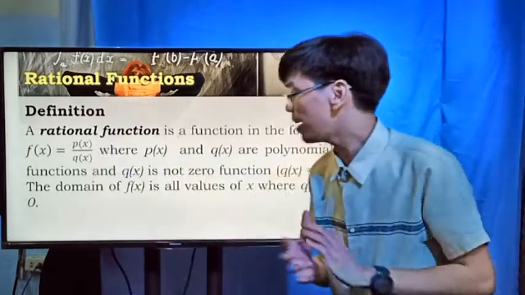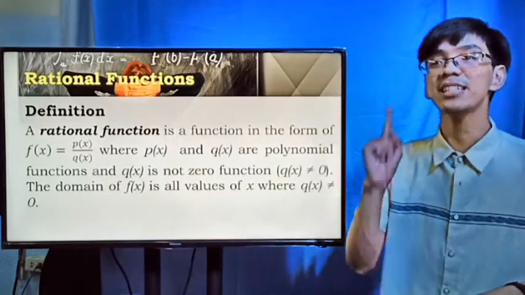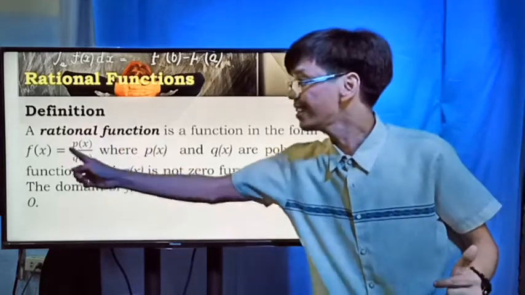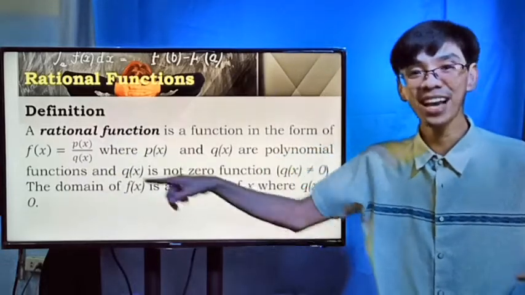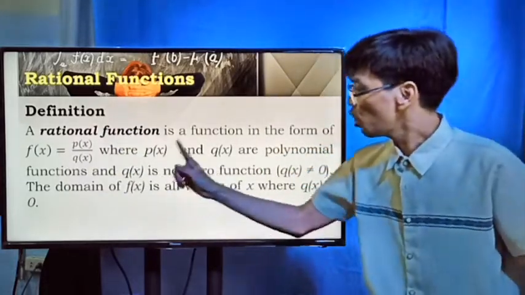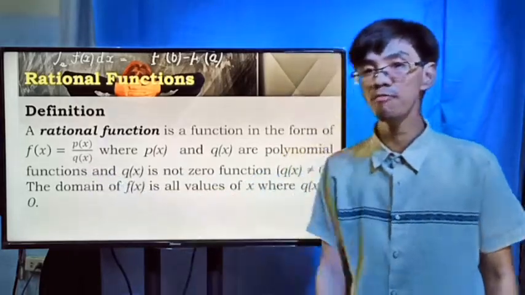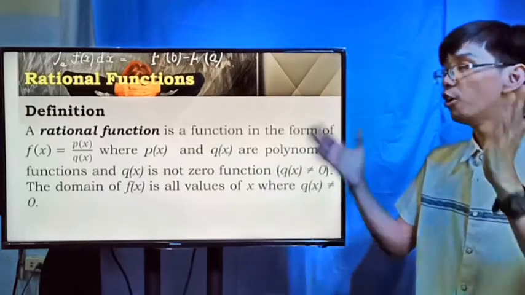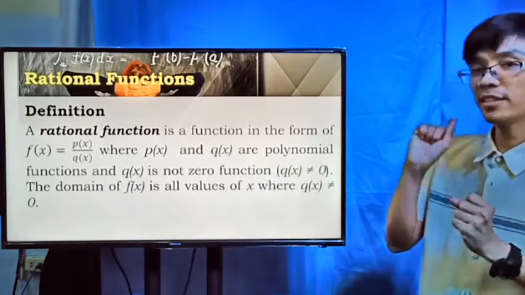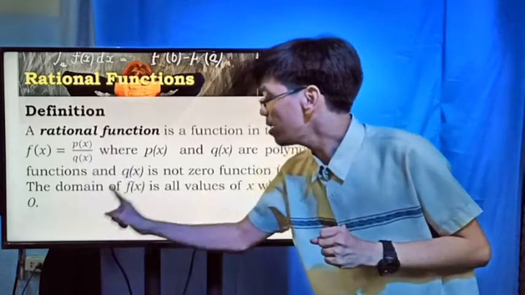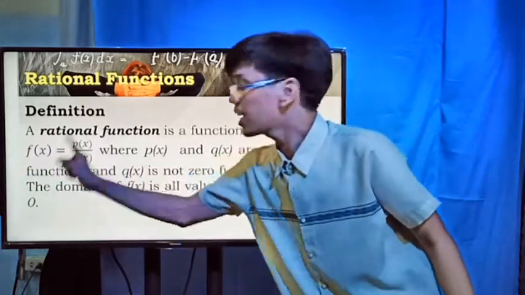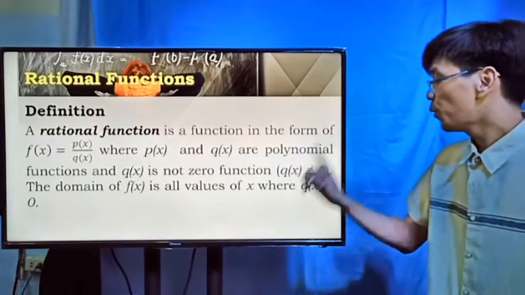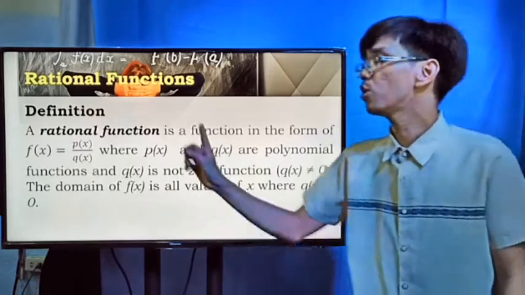Because if q of x becomes equal to 0, the whole function will be undefined. Also, take note that the domain of this rational function f of x is all values of x where q of x is not equal to 0.